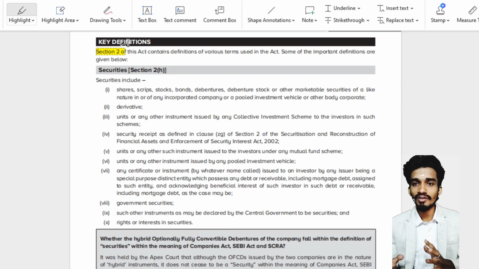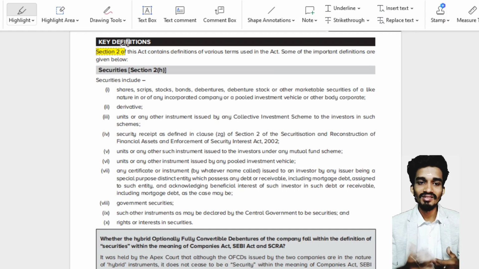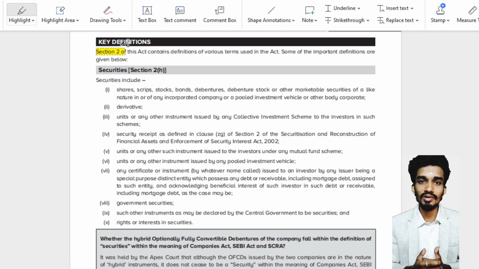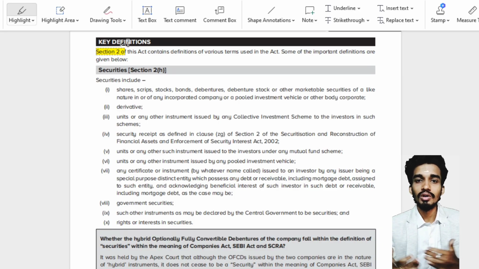It's general, but it is important to know because it can be asked in your exams. But from lesson 3 onwards, more legalities are going to take place. So we have to read the concepts with the section numbers. The section numbers are important. You have to quote them in your exams to gain an advantage over others.